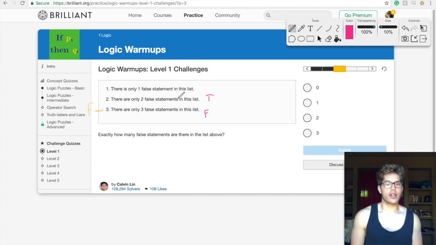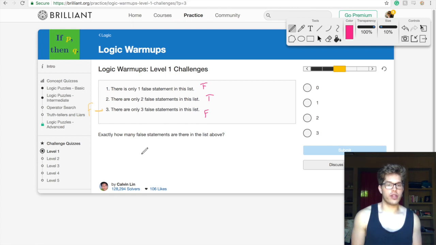And if this is true, then statement 1 must be false. And what does statement 1 say? There is only one false statement in this list. Well, if this is false, this holds up. We could have this arrangement. False, true, false. Exactly how many false statements are there in the list above?